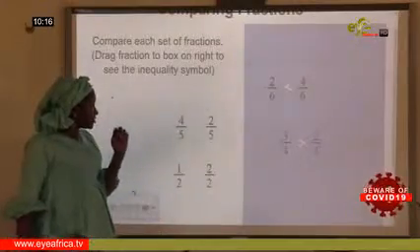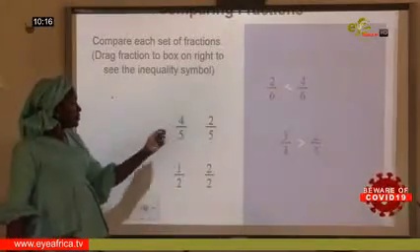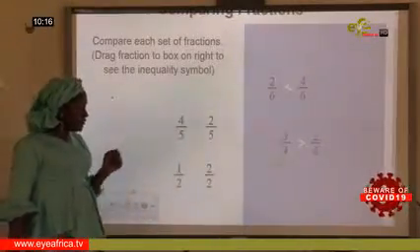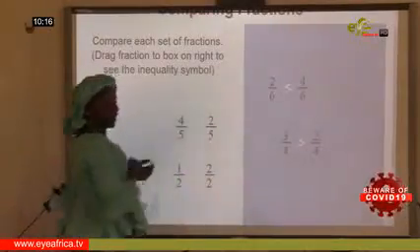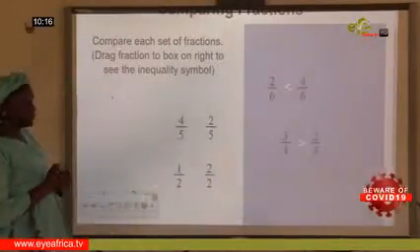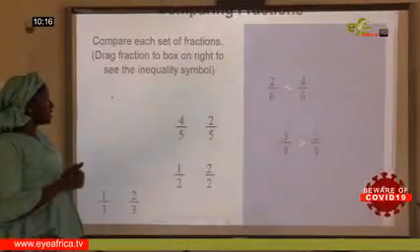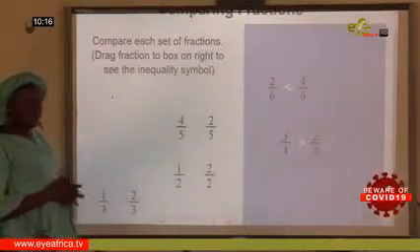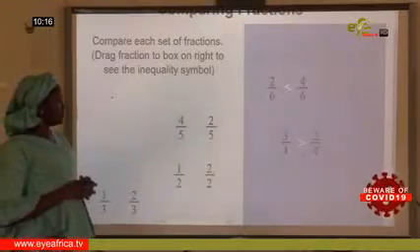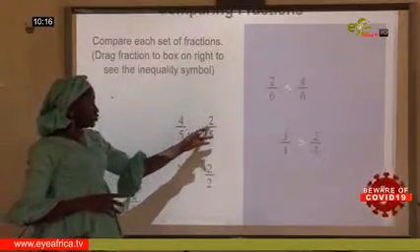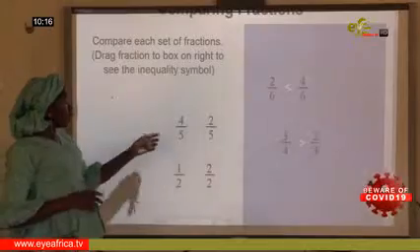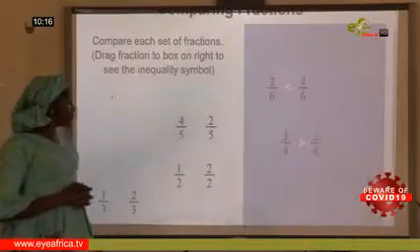Let's go to the next set, where you have fifths. 4/5 and 2/5. Which one is greater? Or which inequality symbol suits here? Are they equal? 4/5, is it greater than 2/5? Or is it less than 2/5?